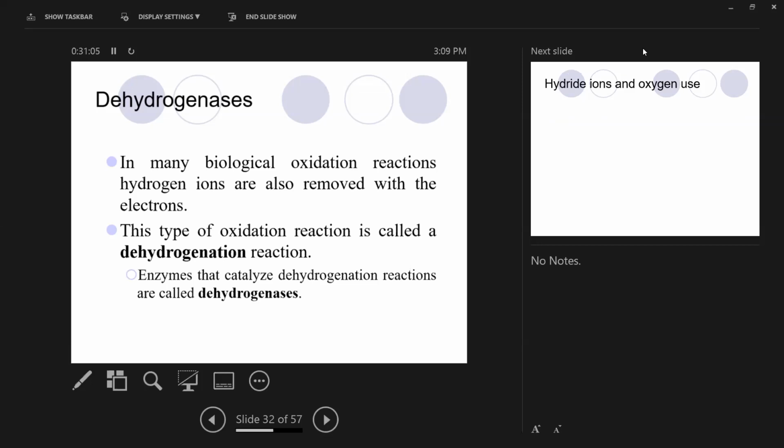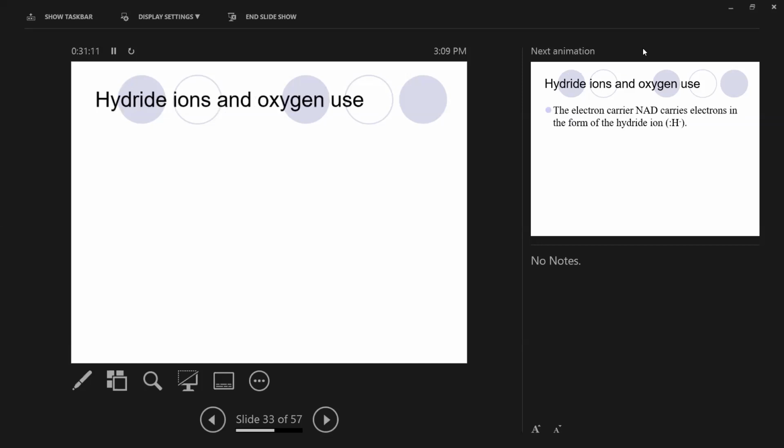Now, here's the interesting part, because in chemistry, these particular ions are not that common, and they are hydride ions. So hydride ions are hydrogen ions with a -1 charge. So it's a hydrogen ion with a pair of electrons.